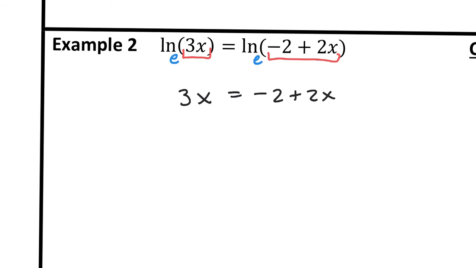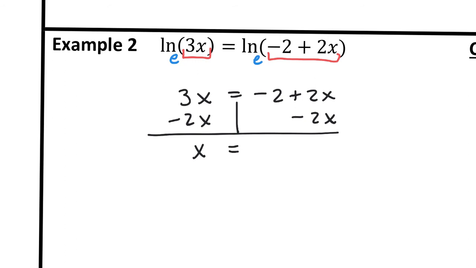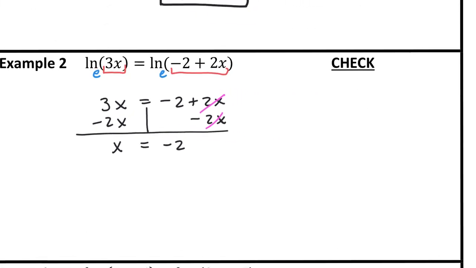I can solve for x by subtracting 2x from both sides. 3x minus 2x is x. Bring down the negative 2, and these cancel. But then I have to check my answer. So I'm going to rewrite the ln of 3x, substituting x.